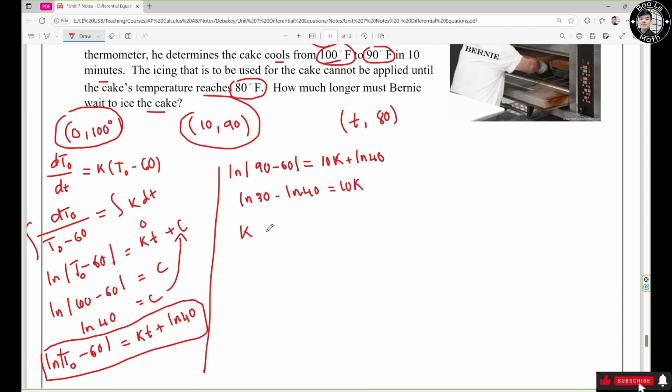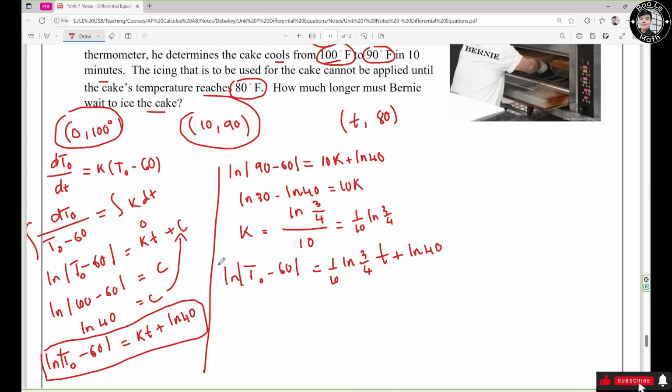So k equals natural log of 30 divided by 40, which is 3 over 4, divided by 10. Then the equation becomes natural log of T0 minus 60 equals k. I can rewrite this one as 1 over 10 natural log of 3 over 4 times t plus natural log of 40.